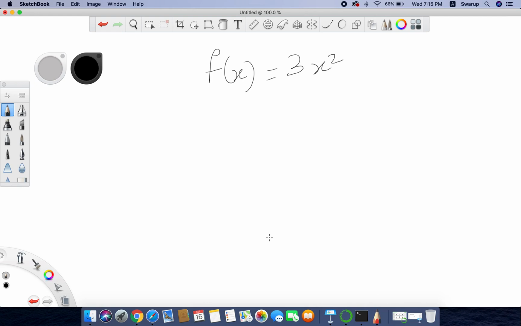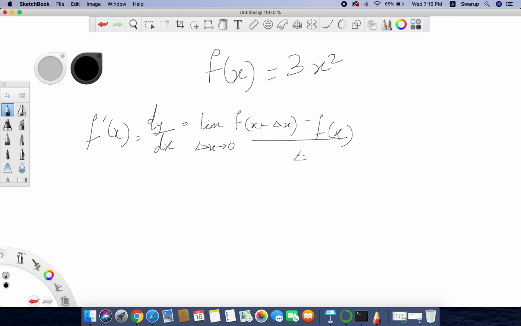the differentiation formula is given by f dash x, or you can write it as dy by dx, or we can write it as df by dx, anything is fine, equals the limit of delta x tends to 0 of f of x plus delta x minus f of x, divided by delta x.